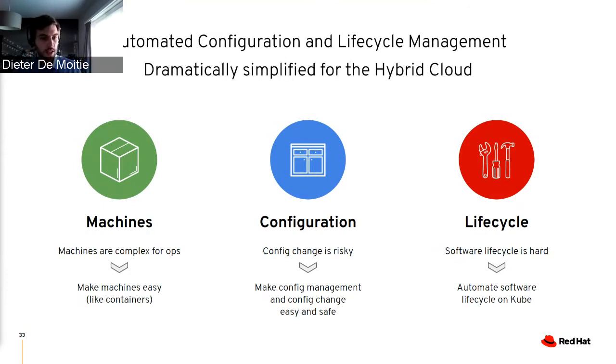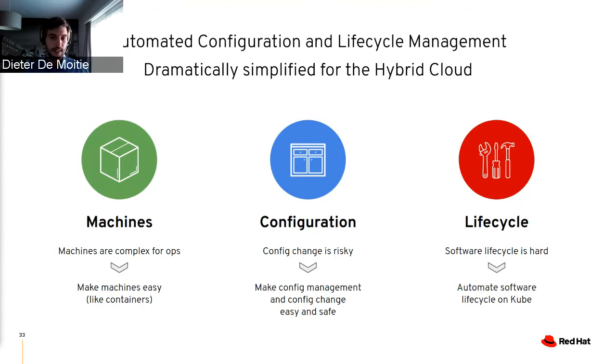Similar to configurations, we want to make things as less risky as possible. Everything is in custom resources, and you can put those in Git. It's a good practice to do that. And then the software lifecycle management, I've talked about that. So we have the IPI, UPI deployment. We have over-the-air updates.